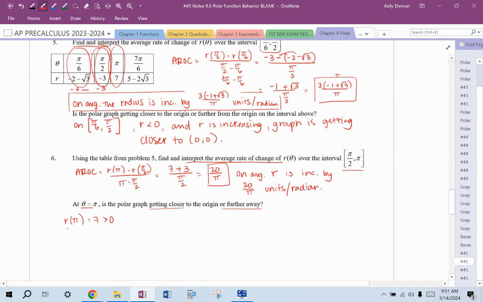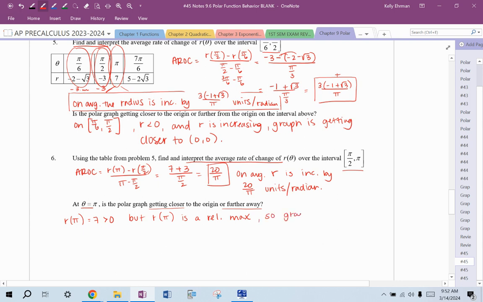So r of pi is positive, but r of pi is a relative, what is that? A relative max? Because r goes from increasing to decreasing. So because of that, it would be neither.